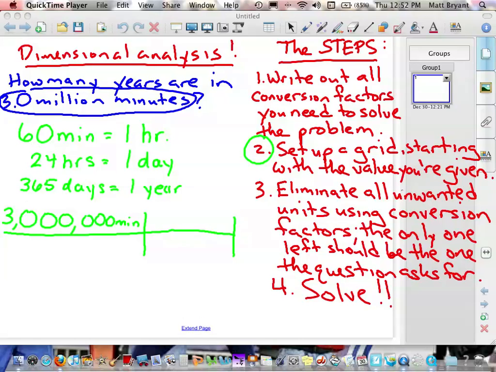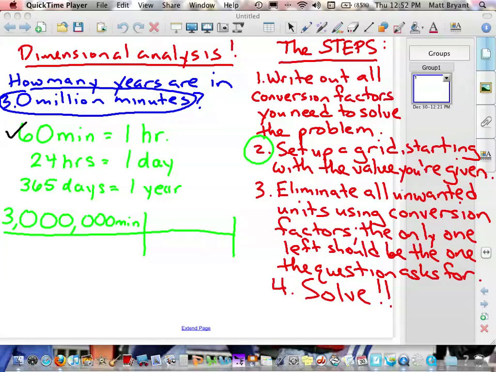Okay. Now, if we observe what we've written down in our conversion factors, one of the three is going to help us cancel out the minutes. And if you look at this one right here, that one's definitely going to help us out in converting from minutes to hours. All right.